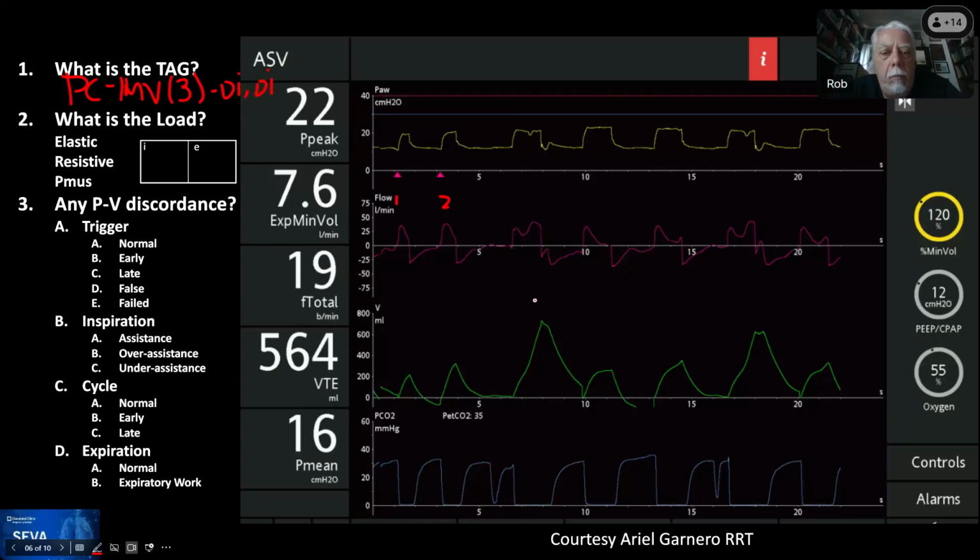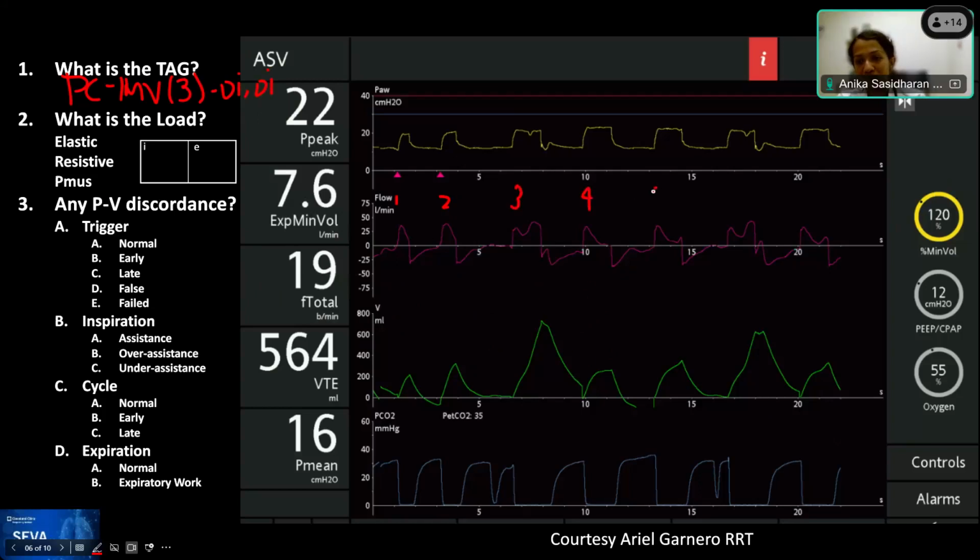All right, so if we number all of our breaths over here, so we have 2, 4, good, 5, 6, and 7. So if we number all of our breaths, these two we said are spontaneous, and we can kind of see that even with the flow waveform. Over here, we have one mandatory breath that does not appear to have much PMUS.